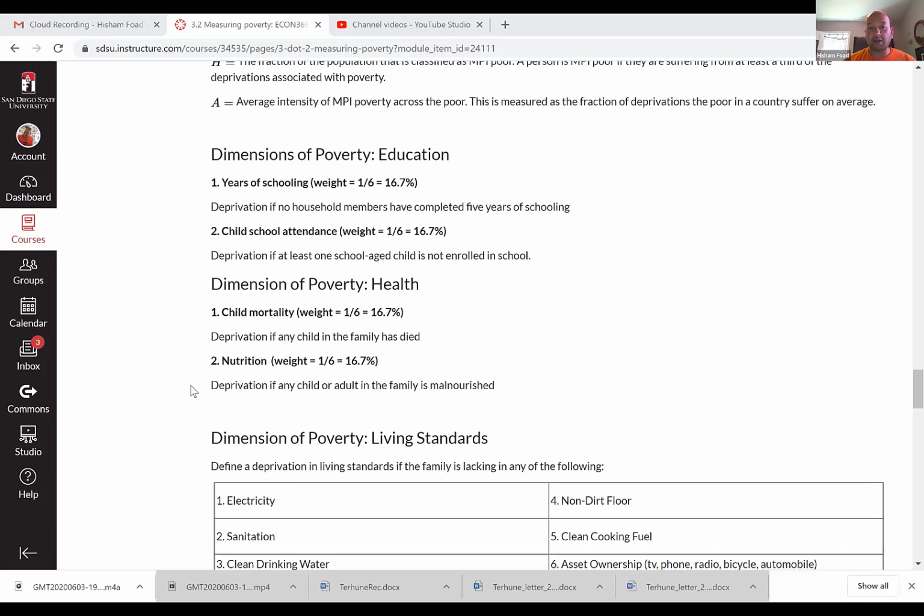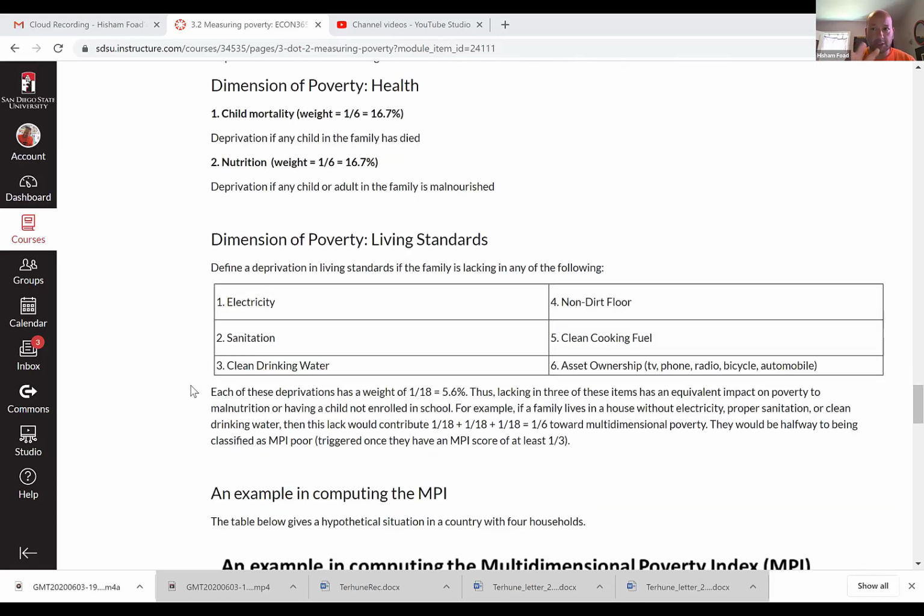Okay. And then finally, we have this dimension that they classify as living standards. Basically here, this is a deprivation if you don't have any one of the following 6 things. If your household does not have electricity, or it doesn't have reliable sanitation, or you don't have access to clean drinking water, if your household has a dirt floor, if you don't have access to clean cooking fuel, or if you don't own any of the assets defined, basically a television, a phone, a radio, a bicycle, or an automobile.